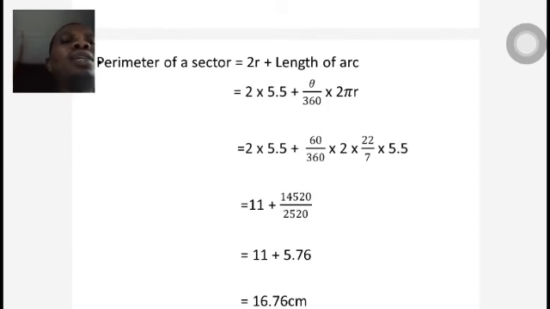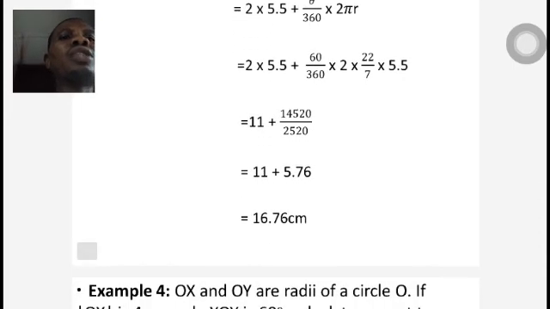So we now multiply 60 by 2 by 22 by 5.5. That gives us 14,520 over 360 times 7, which gives us 2520. And on the other side, 2 times 5.5 gives us 11.